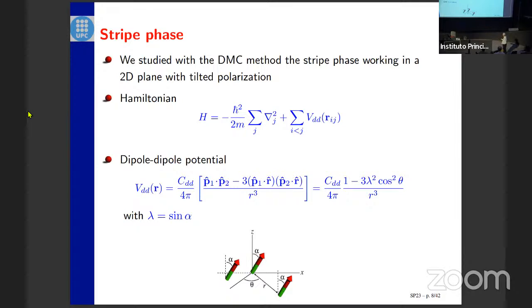But if you just tilt the dipoles an angle with a magnetic field, then the anisotropy appears immediately, in the sense that two dipoles in this direction are repulsive, but in this direction are attractive. So we have the competition in two directions in the plane. These are repulsive and these are attractive. That produces a rich phase diagram due to the anisotropy of the system, and also due to the quasi-long range behavior of the potential.